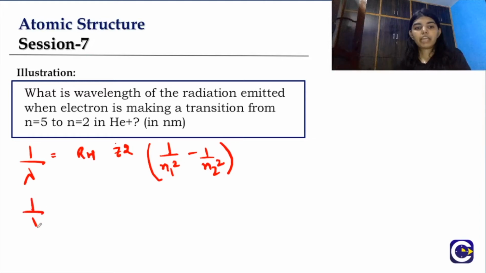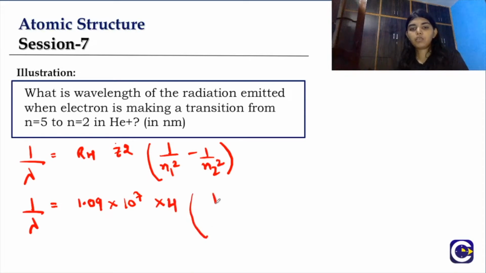So here you will get 1 upon lambda as RH, which is 1.09 into 10 raised to the power 7, into Z square. Helium, right? So Z is what for helium? 2. So Z square becomes 4, into 1 upon n1 square, where n1 is 2, so that becomes 4, and 1 upon n2 square is what? 25. Okay.